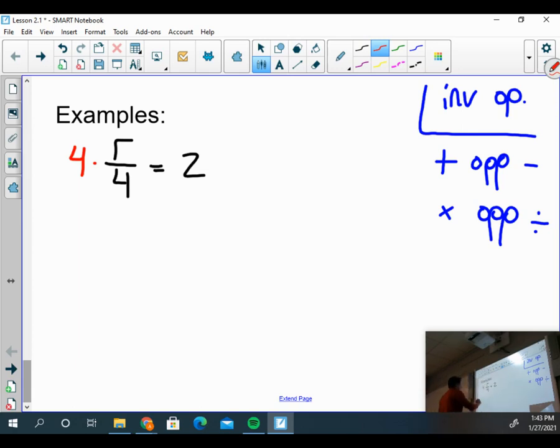Well, if we look at this, what we have here is 4 times R over 4. When we have a whole number times a fraction, as hopefully you learned in middle school, the whole number acts like a fraction over 1. When we have two fractions multiplied together, we multiply top by top, bottom by bottom.